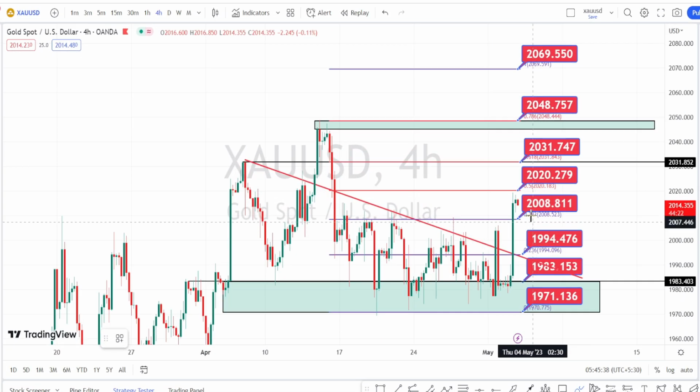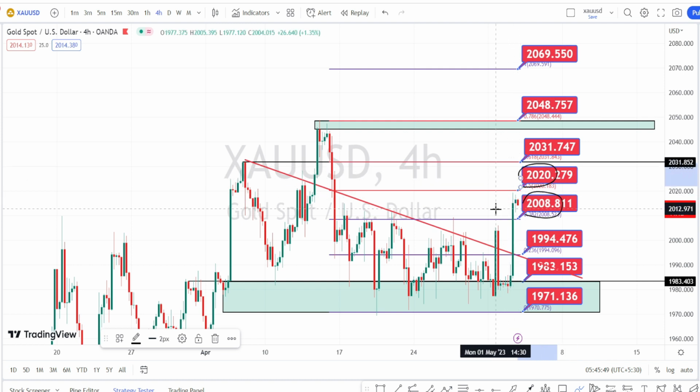So when we look at the current support and resistance levels, currently the price action is stayed between the support level of 2008 and resistance level of 2020. Once the price action breaks this resistance level of 2020, next level of resistance is going to be around 2030 or 31.